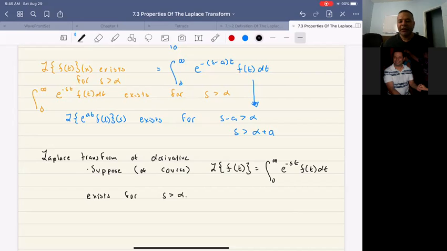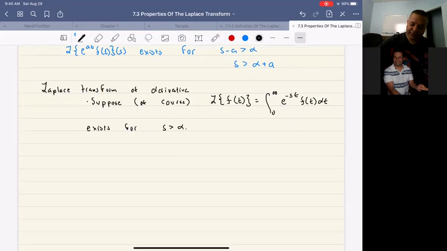Then any derivative that we can take, the Laplace transform exists. So let's start with just the derivative.